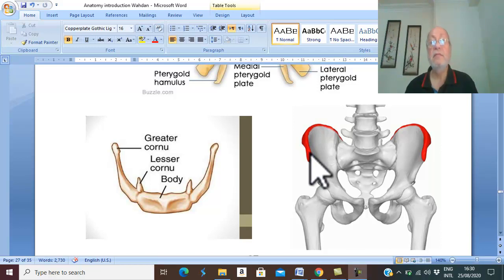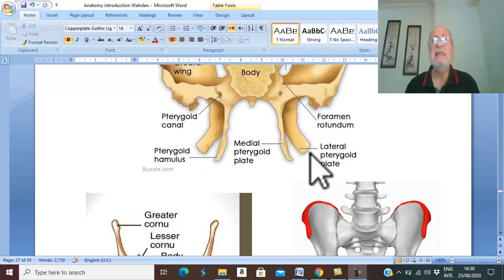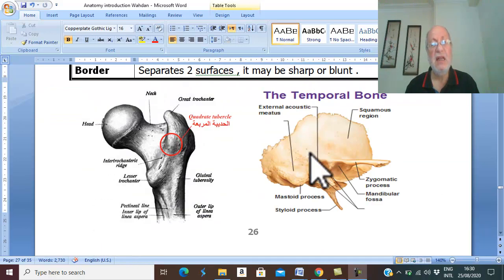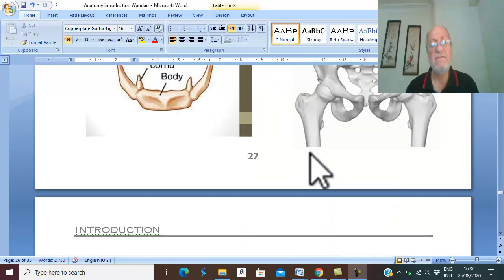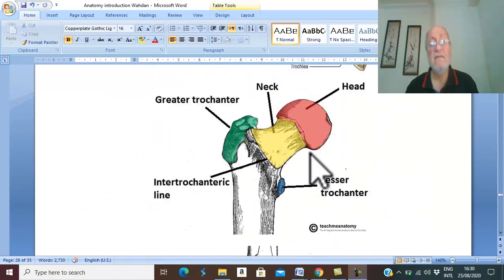Line. Line means a slight elevation or a slightly rough linear landmark, like this. This very large elevation is called trochanter, and this small elevation is also called trochanter: greater trochanter and lesser trochanter.